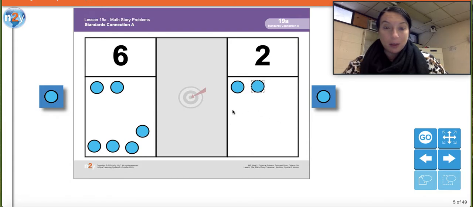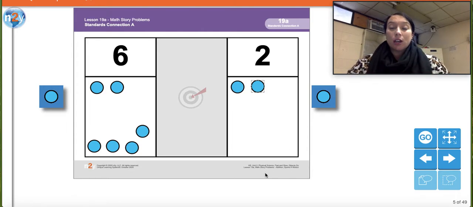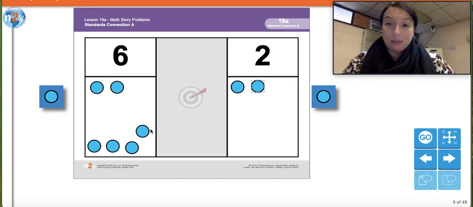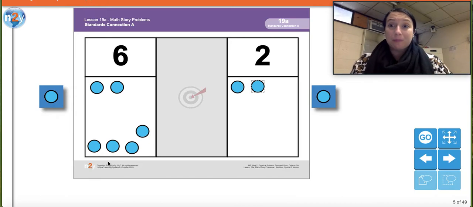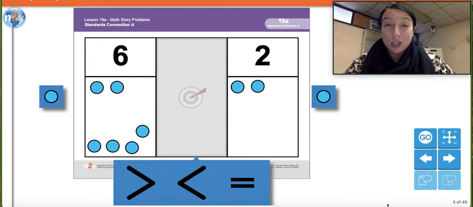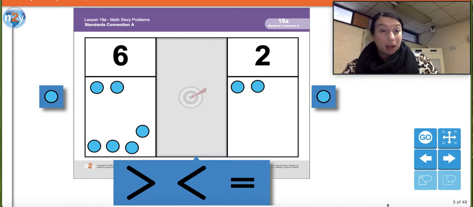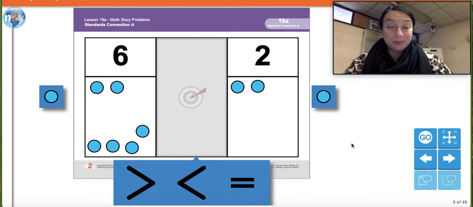Look over here on the bottom right. There is no more blue. Let's look on our left. Let's see how many we have left. 1, 2, 3, 4. For the number 6, we have 4 more left over. Friends, what does that mean? Which number is greater? Which number has some left over on the bottom? The 6 or the 2?